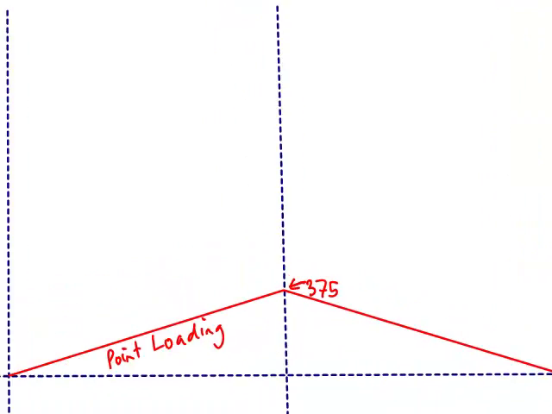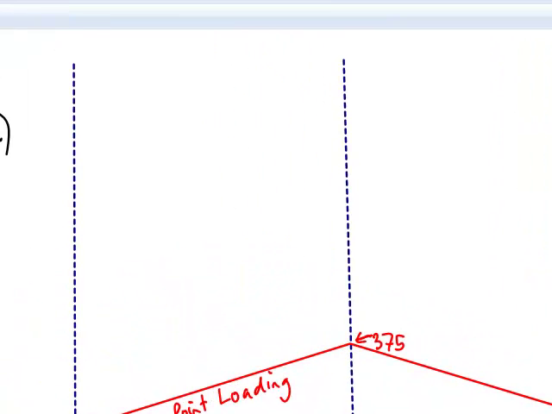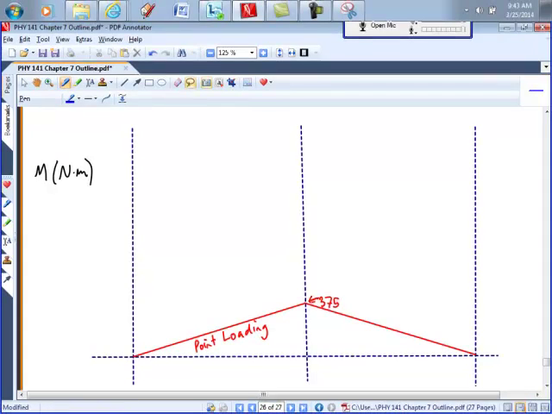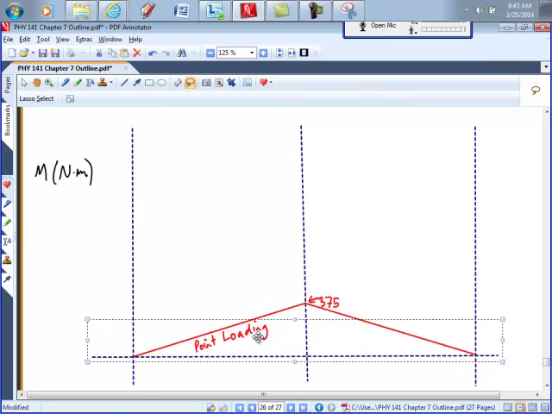And the distributed loading had a maximum value of 337.5, and it's a parabolic shape. Just going to erase that.